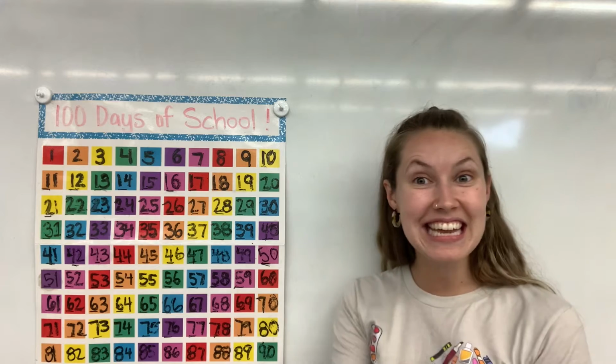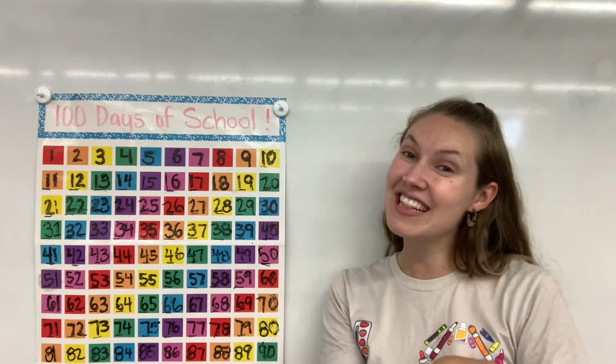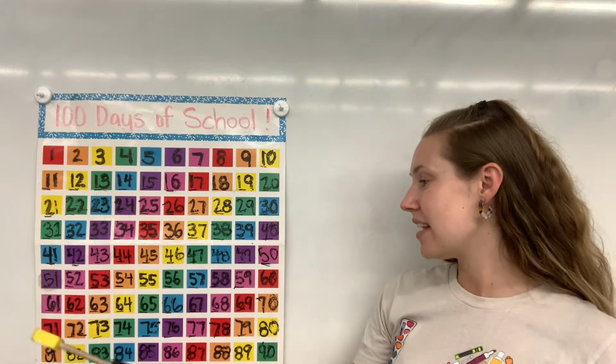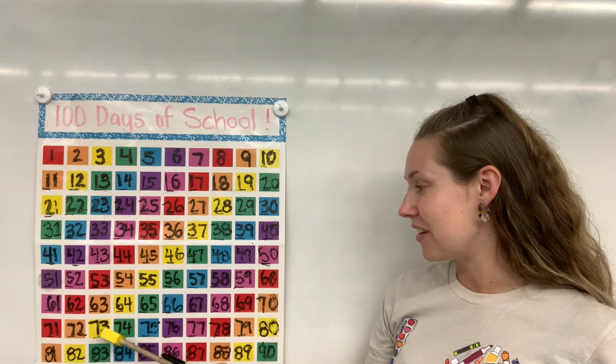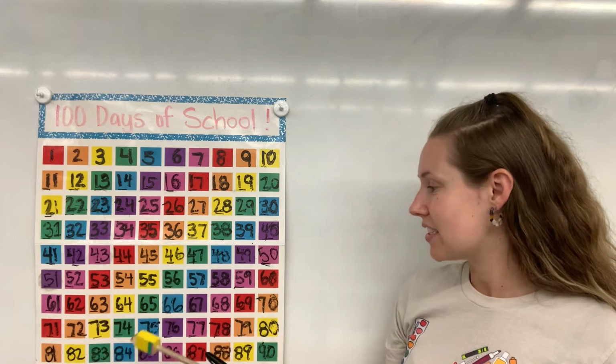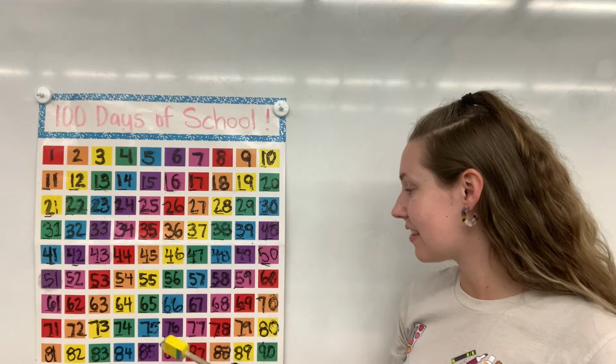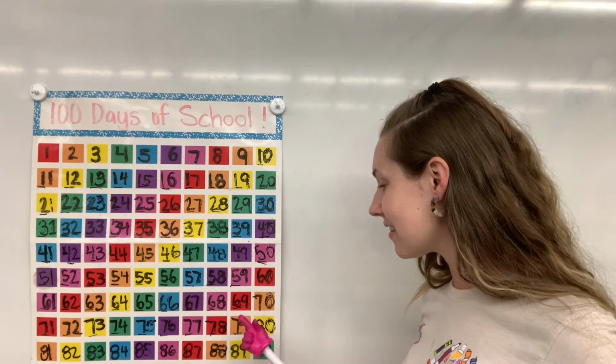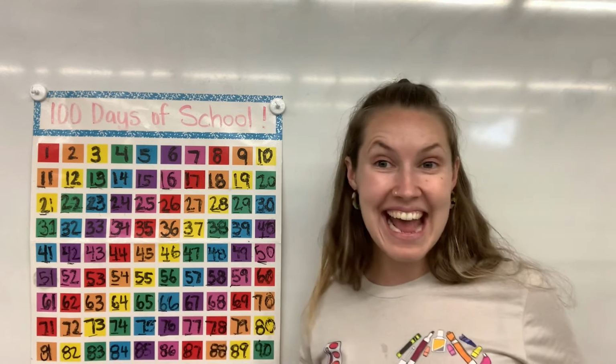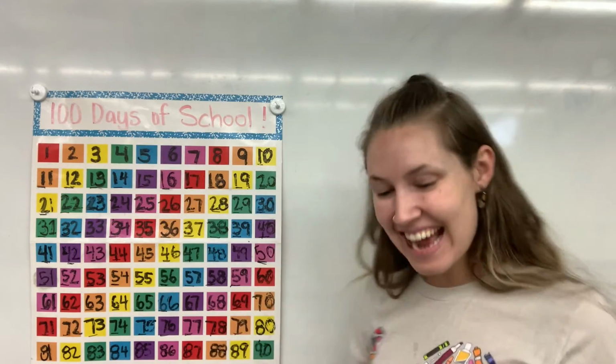And with 70, each of our numbers has a 7 in the front. 71, 72, 73, 74, 75, 76, 77, 78, 79, 80. 80s have an 8 at the front.